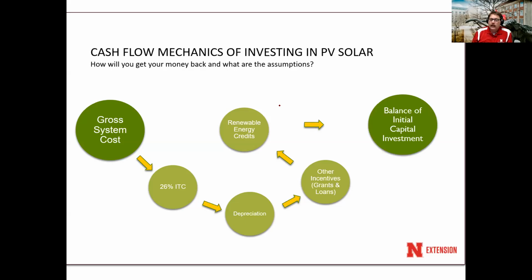And finally, now I have my net cost or the balance of that investment. So I have what I'm going to now do the calculations for my investment analysis based on. So I'm going to reduce those incentives. That's the net cost of my system, and I have to pay that back by making electricity. So ongoing energy savings.